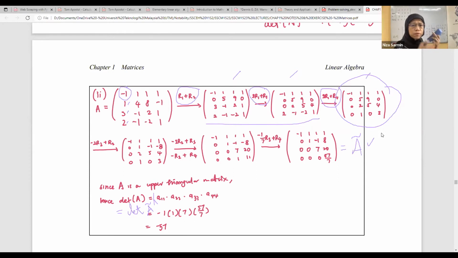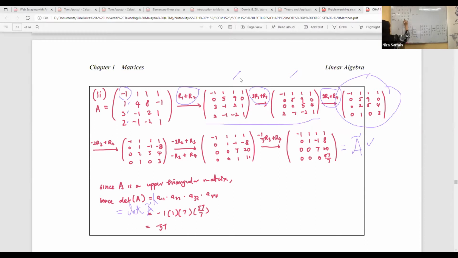So what you have is 1, and then you get all 0, and then there is a 7 there, but you want to make underneath 0, right? Okay. Any mistake so far? Is it okay? I still have the negative, yeah? Okay. And then I want to make this 0.